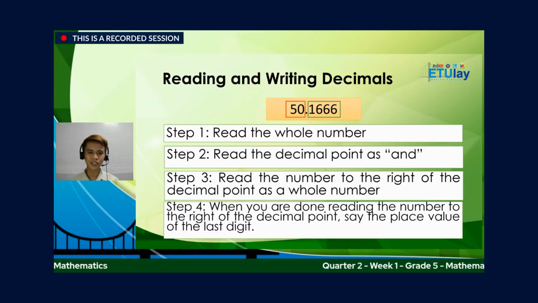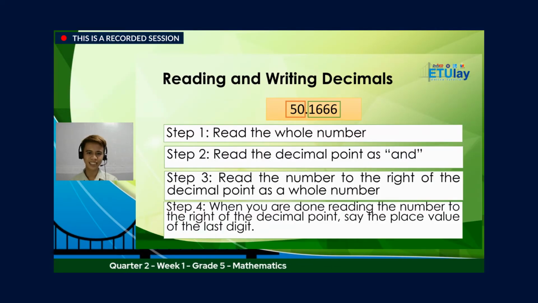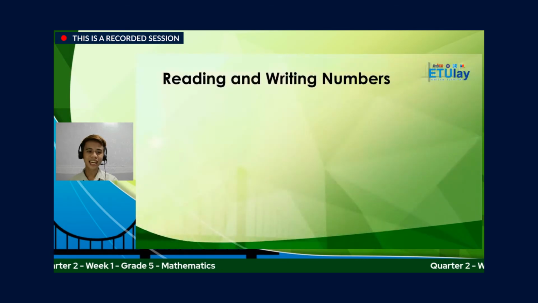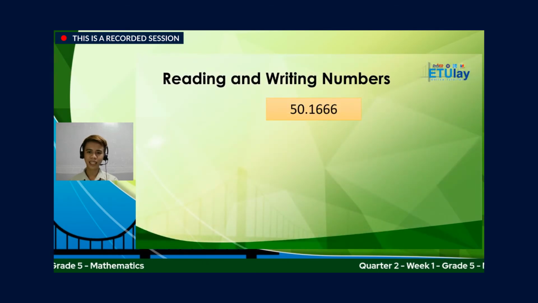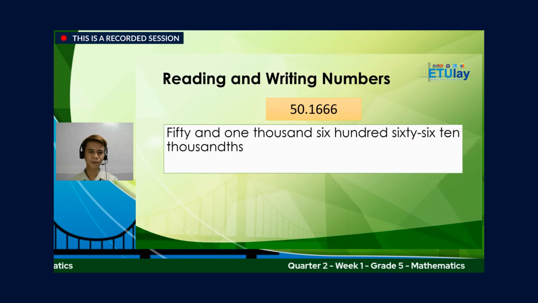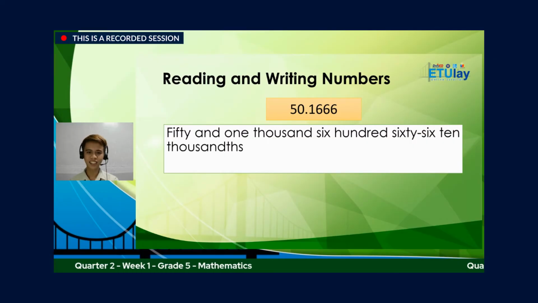At ang place value nito, kung ito ay nasa pang-apat na number after ng ating decimal point ay 10,000. So kapag binasa natin ng buo from step 1 to step 4, ito ay 50 and 1,666 10,000s. Nakuha nyo ba ang tamang pagbasa sa ating decimals?